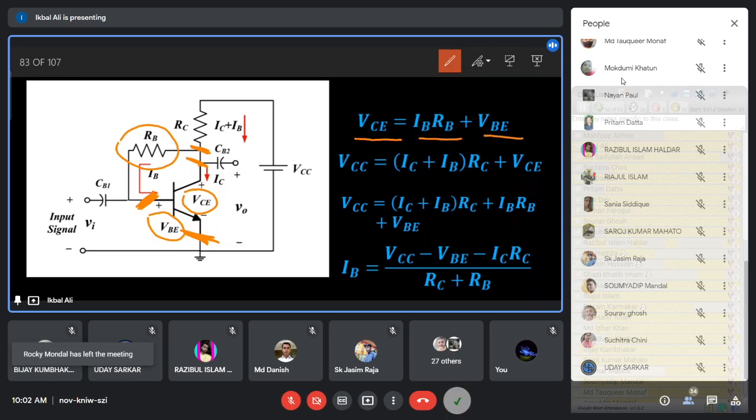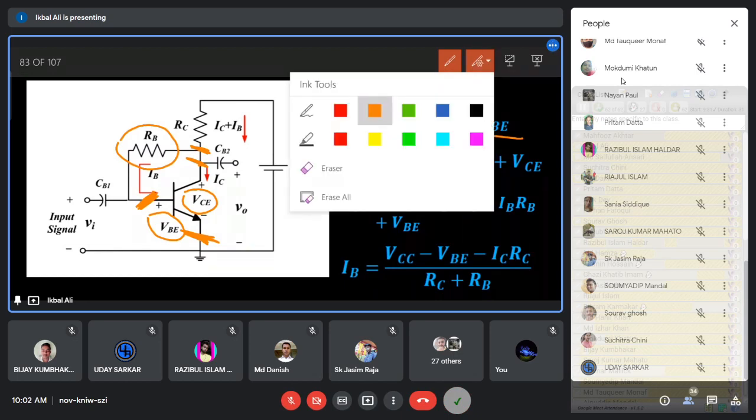If you sum these two up, you get the potential drop between collector and emitter, VCE. So VCE equals IB RB plus VBE. I hope you have understood this one. It is just a simple KVL equation, or Ohm's law, applied to the circuit. You can calculate the collector emitter voltage VCE like this.